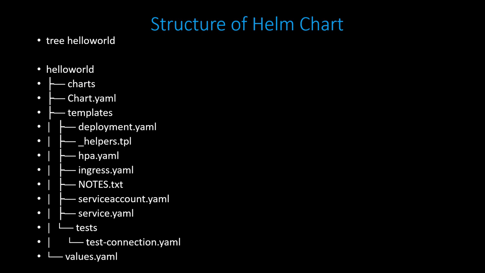So this is the basic structure of a Helm chart. If you want to see the tree structure of this, you just type tree and the chart name, hello world, and this is the structure it shows on your screen, where it has different charts, templates, deployment YAML file, HPA, ingress YAML file, notes, service YAML file, values.yaml file, like this.